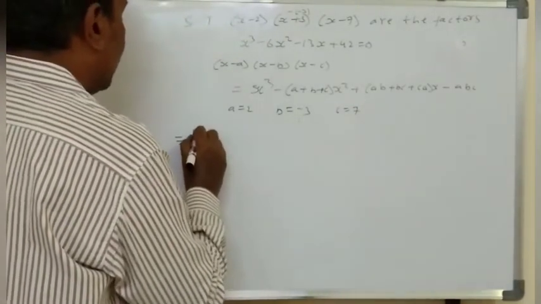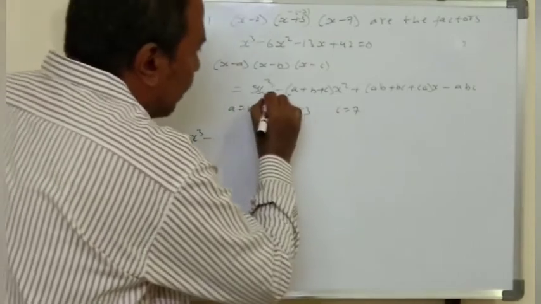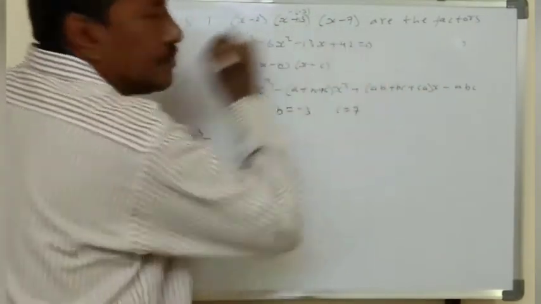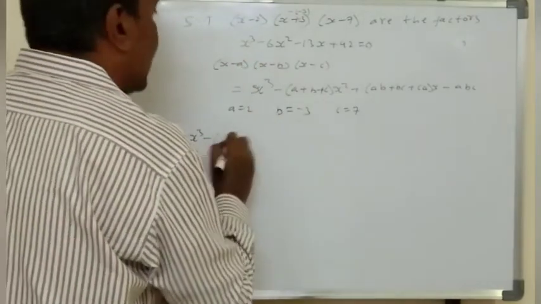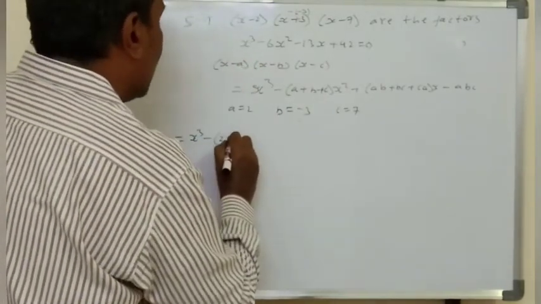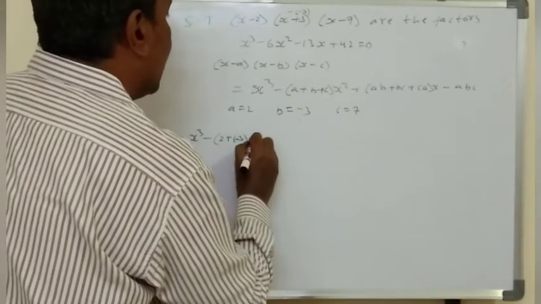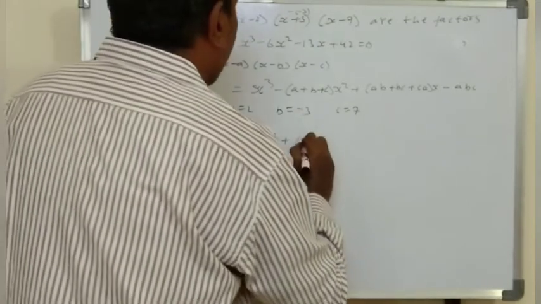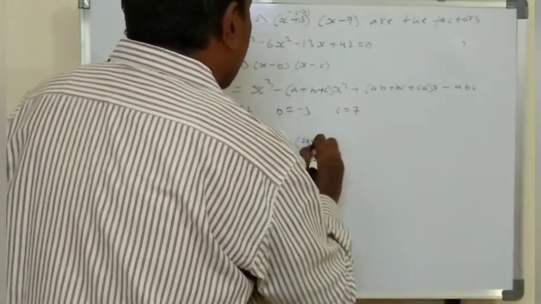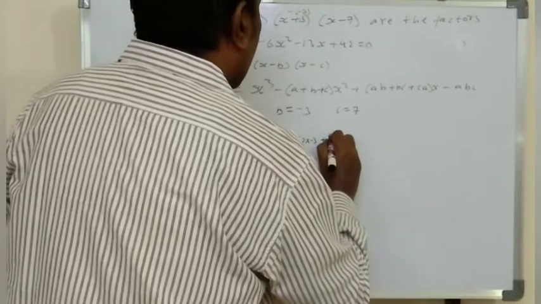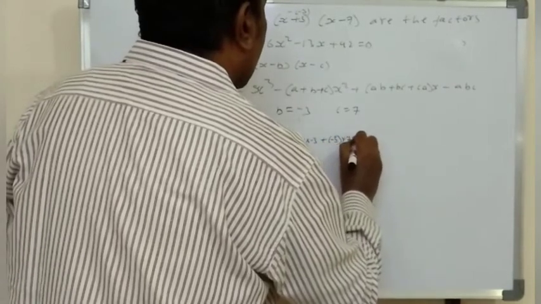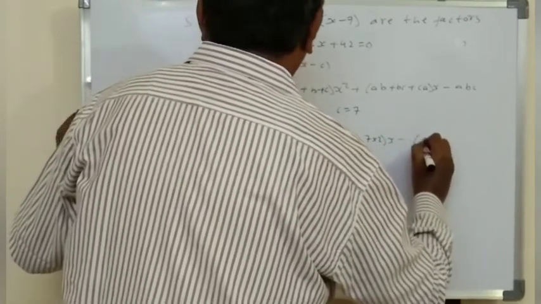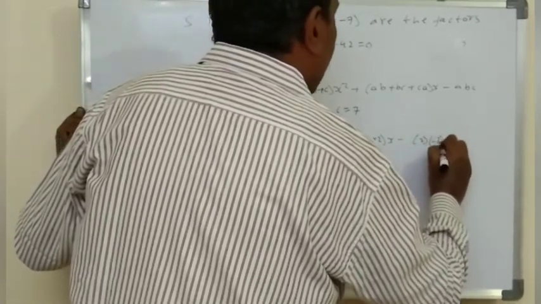By substituting the values of a, b, c, we should get this form. x cube minus a, 2 plus of minus 3 plus 7, of x square plus ab, 2 into minus 3, plus bc, minus 3 into 7, plus ca, 7 into 2, of x minus 2 into minus 3 into 7.